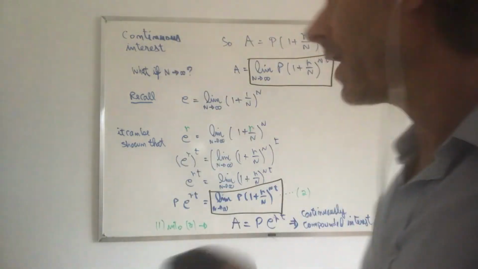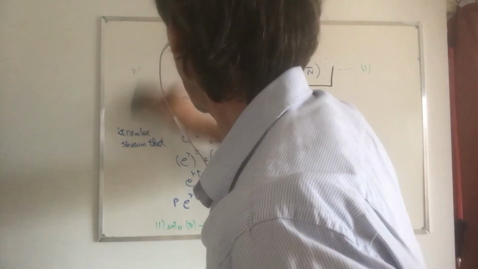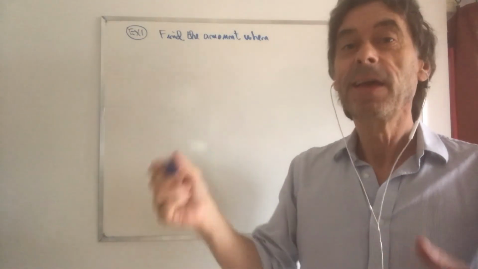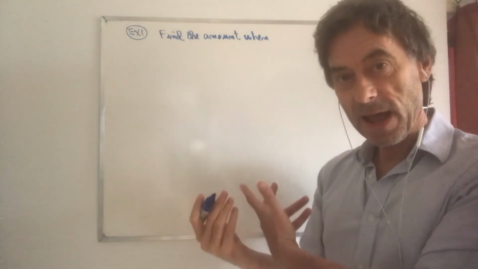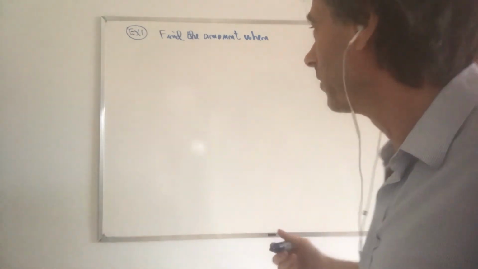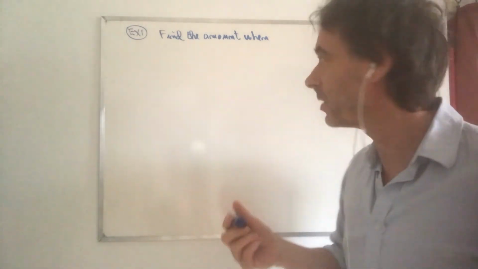So we're coming to the end of this video. Let us do an example or two to basically show how this formula works. So example 1, on compound interest, find the amount when $1,000. Let's keep the same numbers as in the previous example. So to compare, compounded daily, compounded hourly, and now continuously, do we get a lot more because we compound every milli fraction of time.